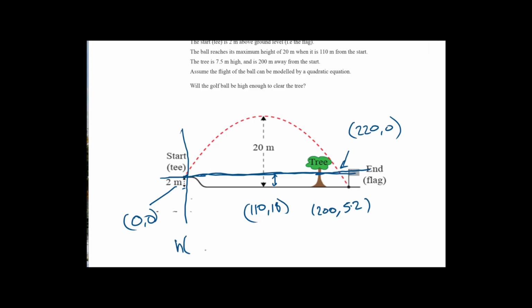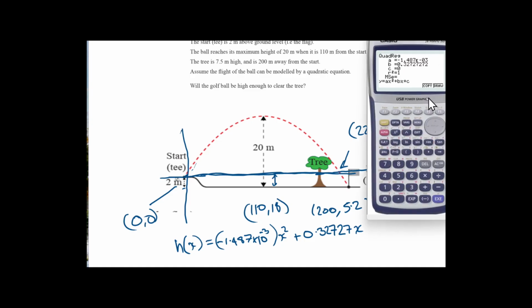So the height as a function of x, let's say, is going to be given as minus 1.487 times 10 to the negative 3 x squared plus 0.327 to 7 x, and then plus c is 0, obviously, because through the origin point the c is going to be 0.